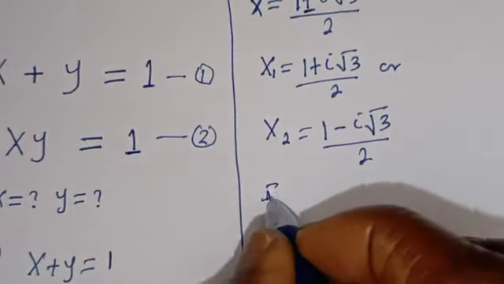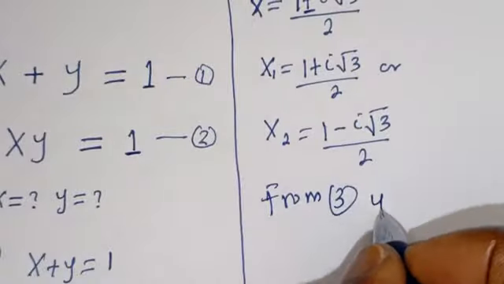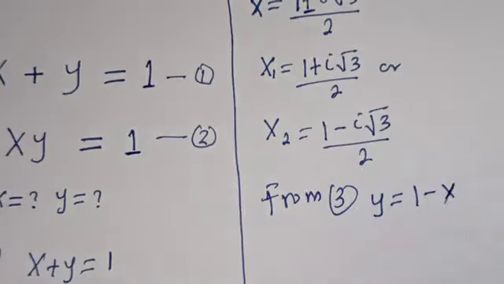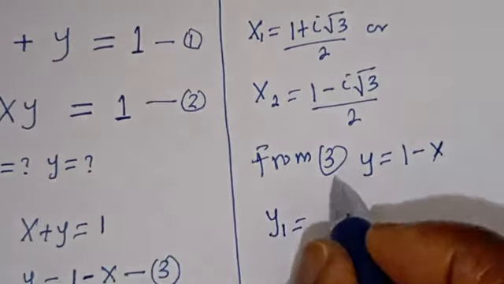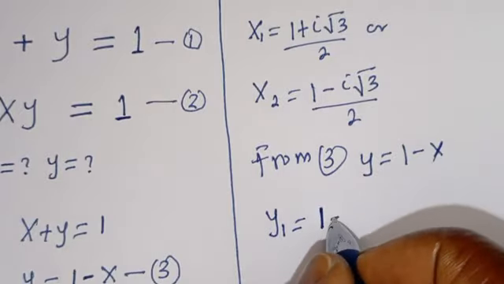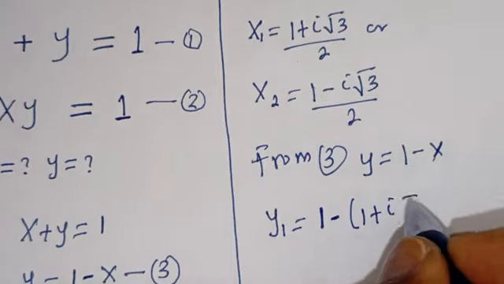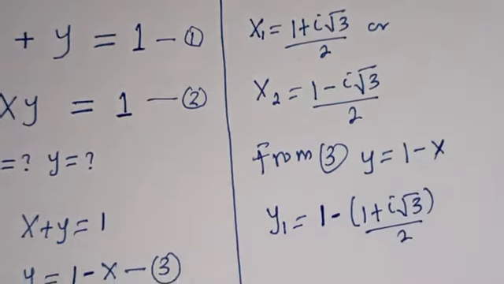Then from equation 3, y is equal to 1 minus x. Then y1 will be equal to 1 minus x1, which is 1 plus i square root of 3 divided by 2.